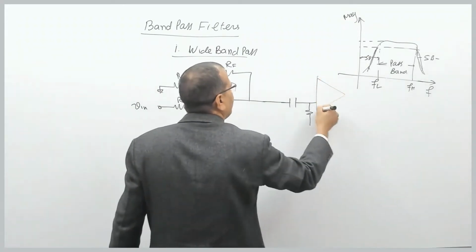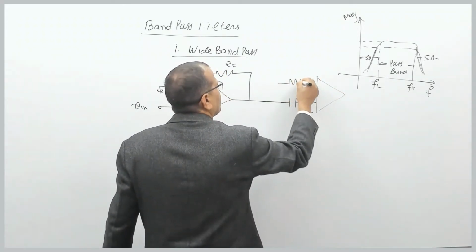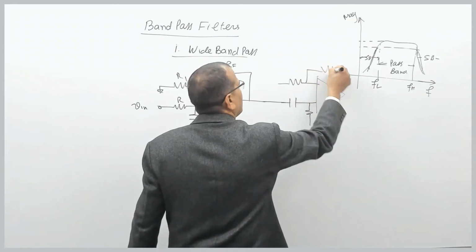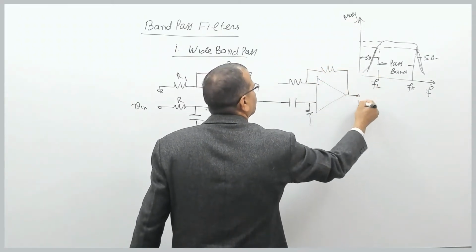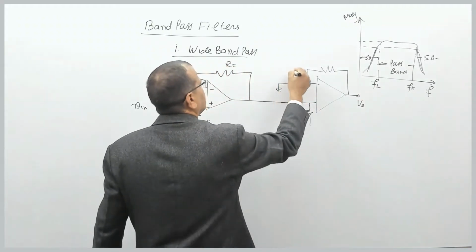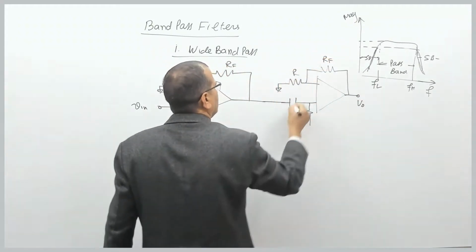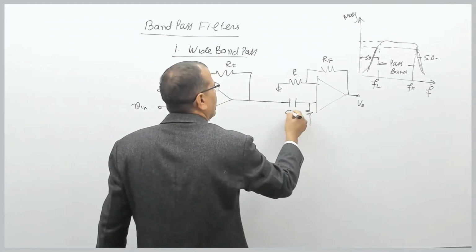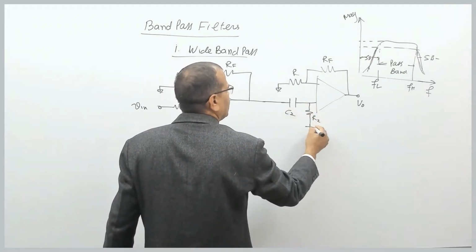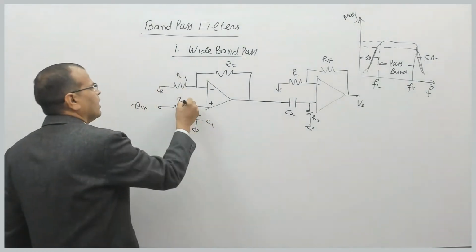Here I have again another filter which is high pass filter. So we have high pass filter here, this is V0, right? This is R, this is RF, this is R2, this is C2 and this is R2, right? This is grounded, C1 R1.